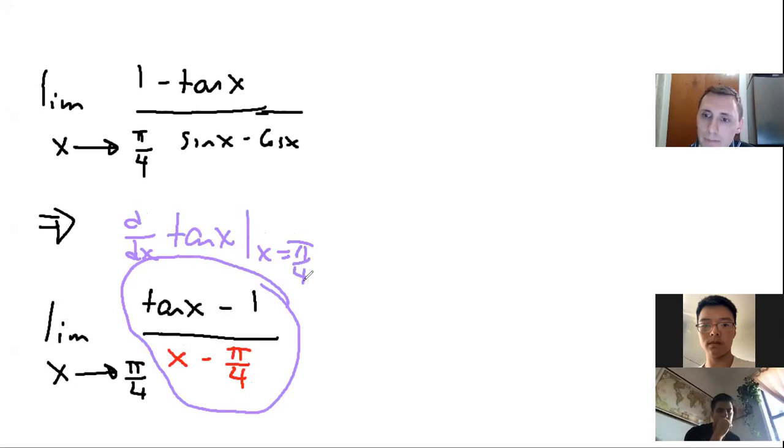Understood? That's the definition of the derivative of tangent at pi over 4.